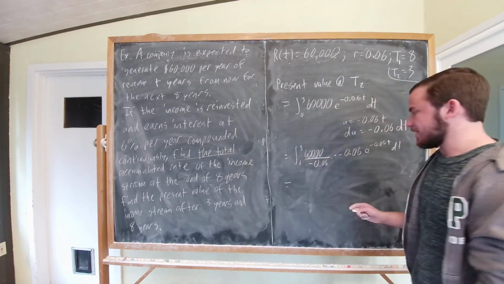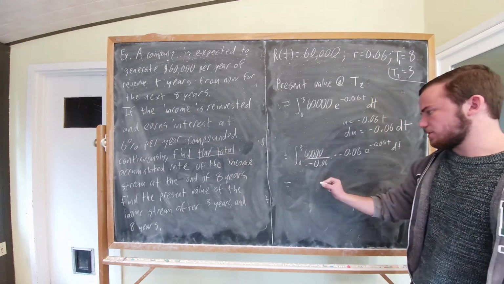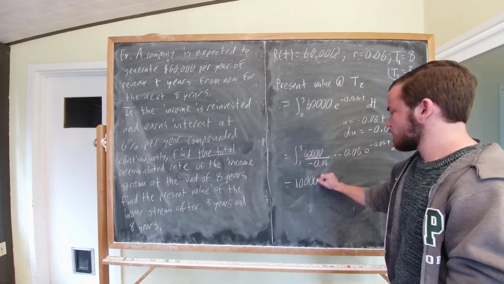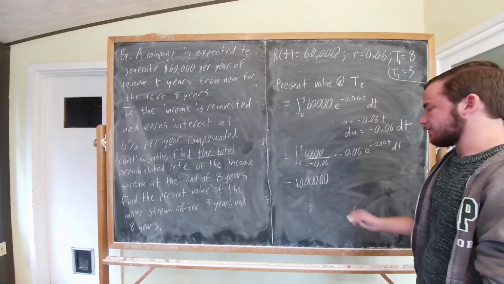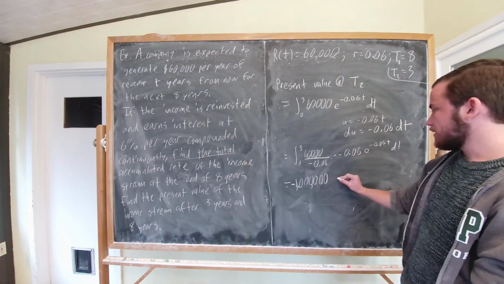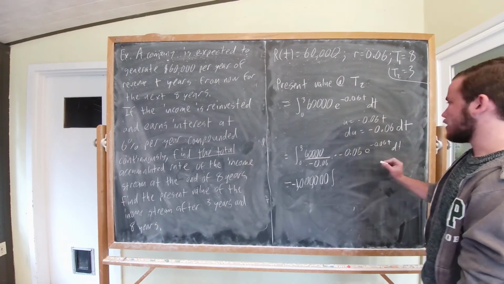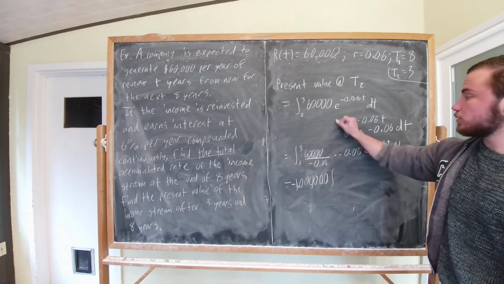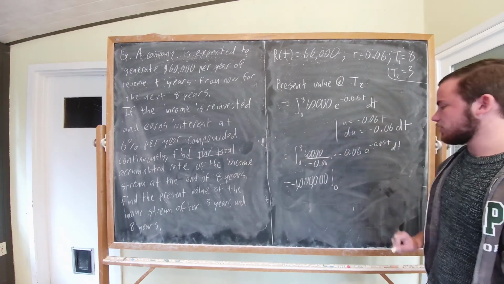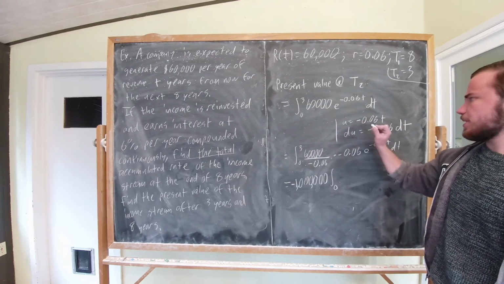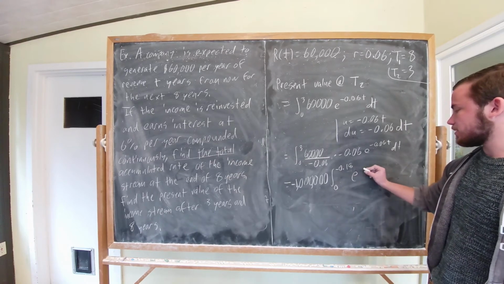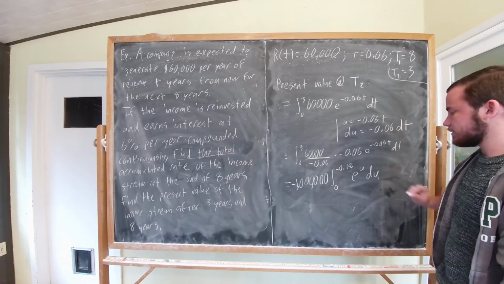Pulling that constant out, you add on 2 extra zeros, so you'd have 1, 2, 3, 4, 5, 6. So you have negative 1 million, times the integral from, okay, our new lower and upper bounds. If you plugged in 0 into here, you'd get 0. If you plugged in 3 into here, you'd have negative 0.18 e to the u du.